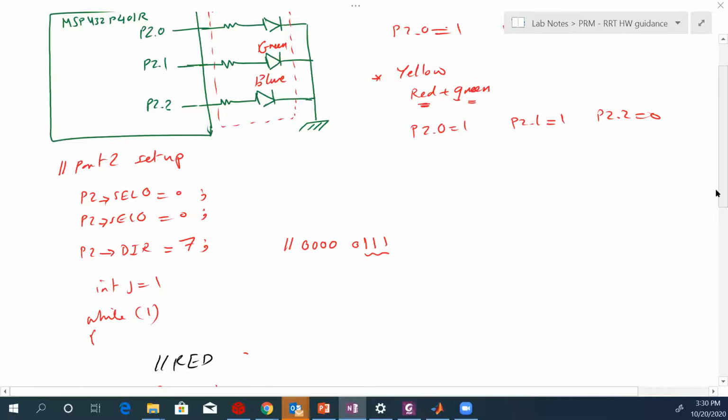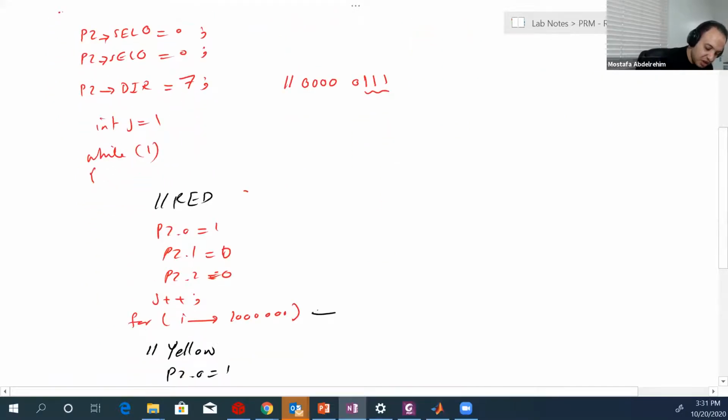Is there a way to iterate through hexadecimal, or do you have to hard code it? Why do you need to iterate through hexadecimal? You mean this iteration here?